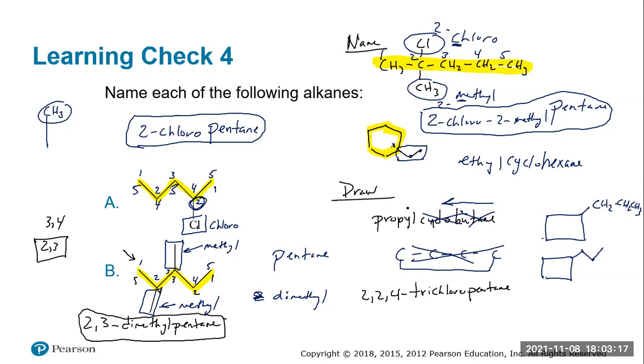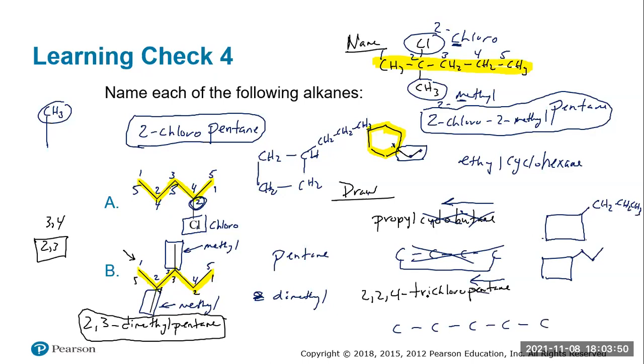If you wanted to do the condensed formula on that, that would look something like this. All right, last one here is pentane. So again, that would be 5 carbons.